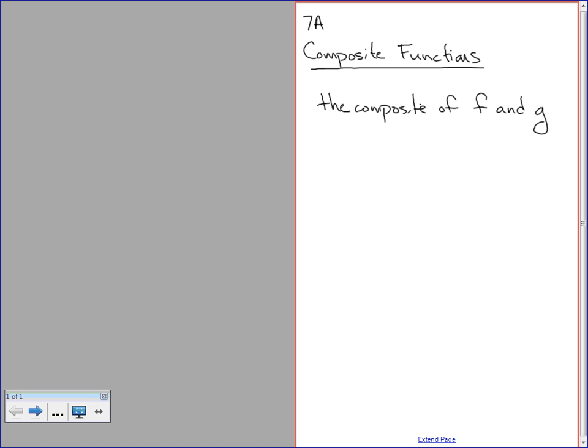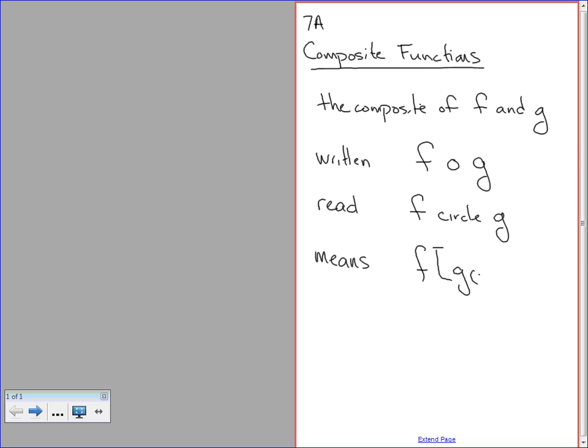And the composite of f and g is written as f circle g, so it looks like the word fog, but it's read f circle g. And what it means is you're evaluating the f function at the g function.